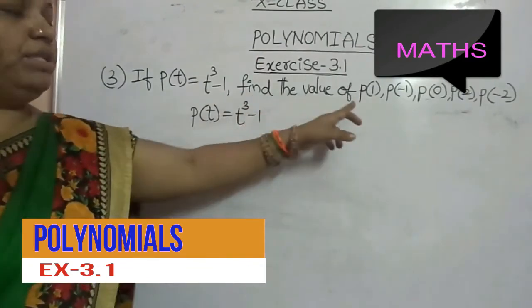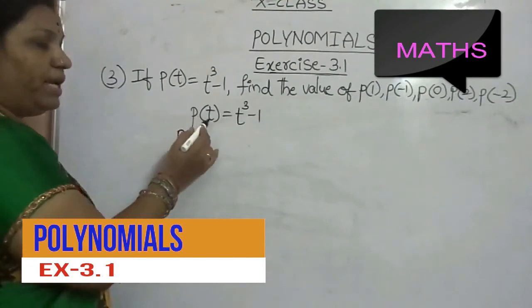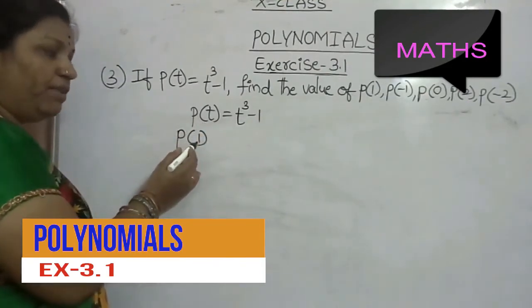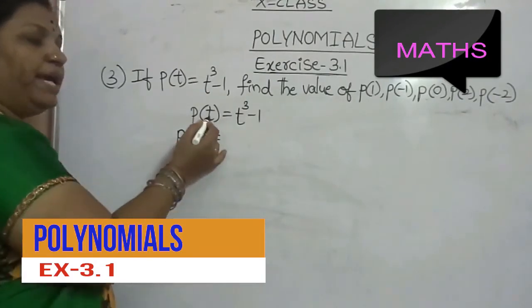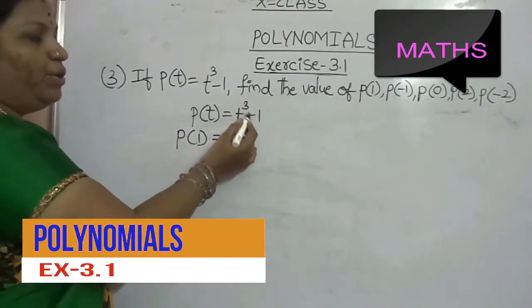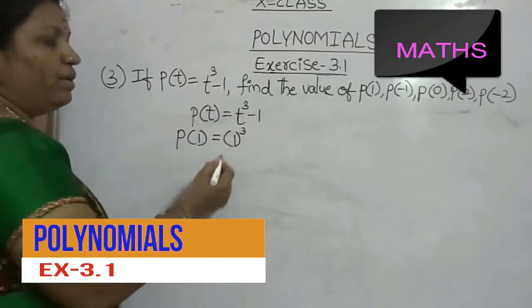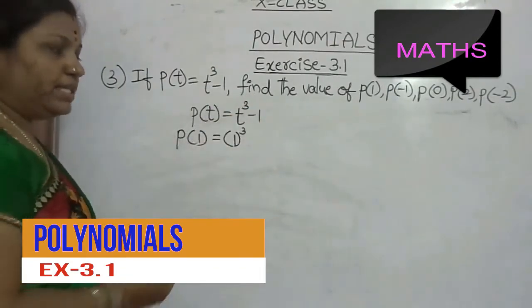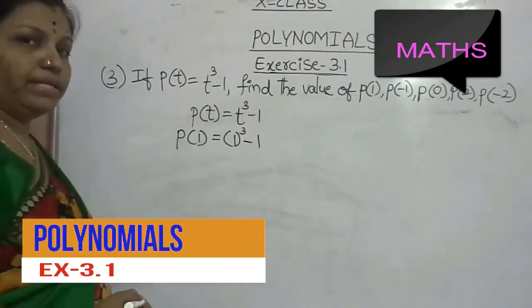We need to find the first one, p of 1. Here we observe that in the place of t we have 1. So substitute 1 in the place of t. Here t cube minus 1 is the polynomial. In the place of t substitute 1. The remaining terms write down as they are. The power 3 stays the same. Minus 1 also stays the same.